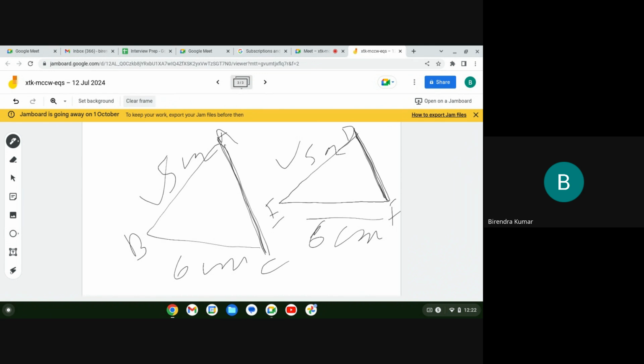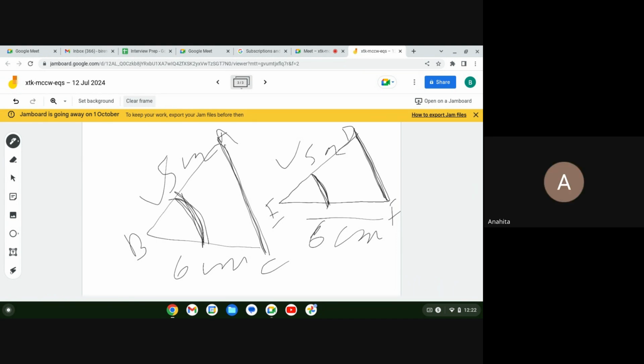No, assume that I have not taught you anything so far. Now tell me visually, by just looking at the picture, do AC and DF look the same? No, they don't, right? Why? Because the space between these two lines is more or less, right? Or in mathematical terms, the angle between the two lines is more here, less here.